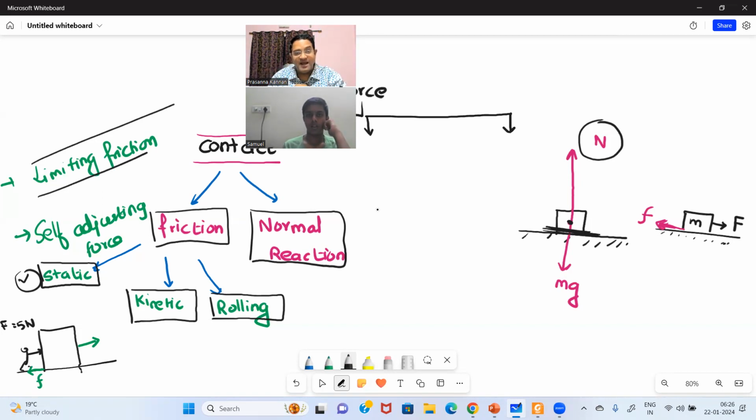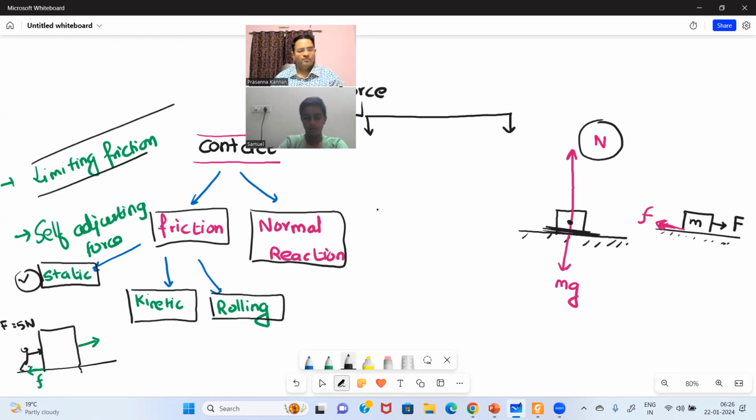So the moment the body is moving, the amount of time available for interaction is less. That's why friction becomes a little less when the body has started moving. Is that clear? So kinetic friction value is slightly less than that of limiting friction. Is that clear?